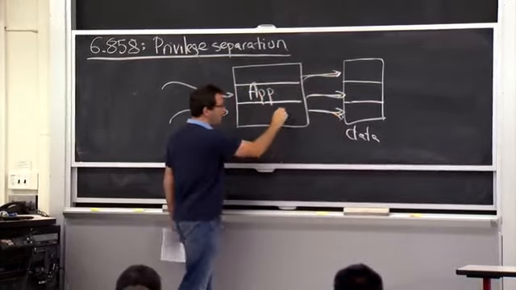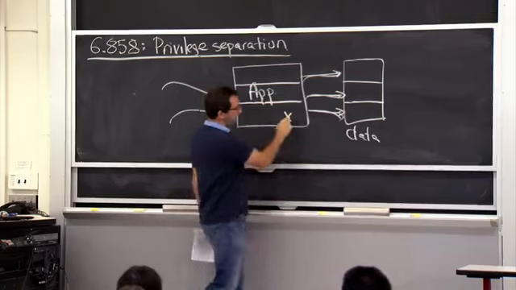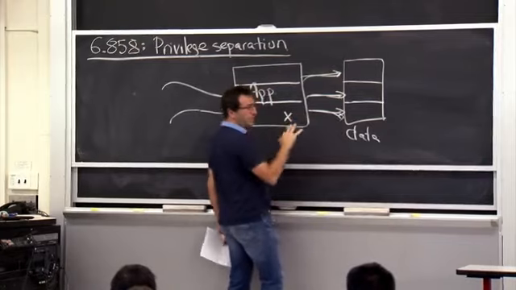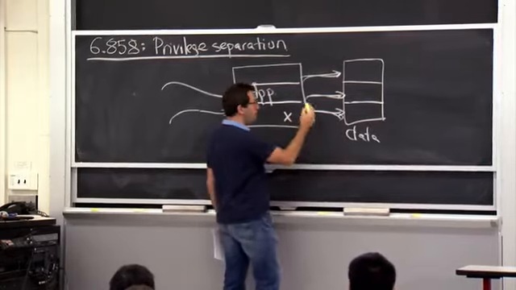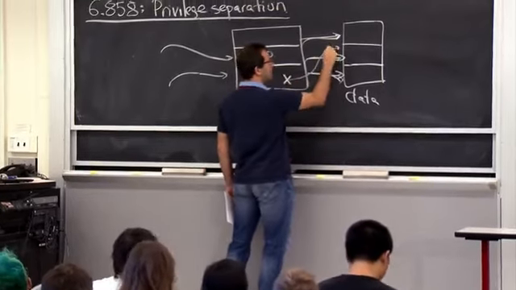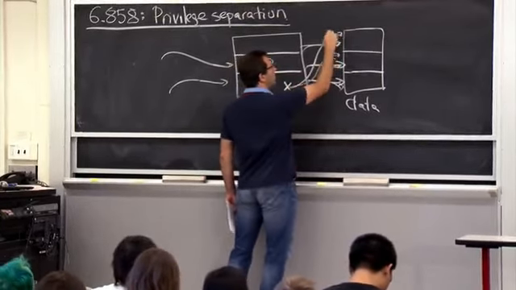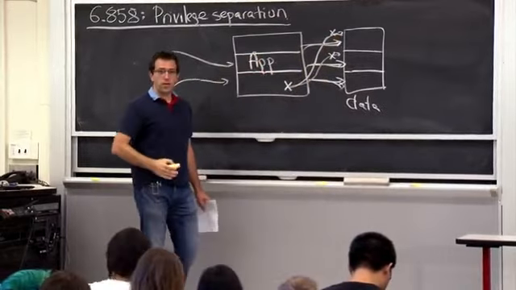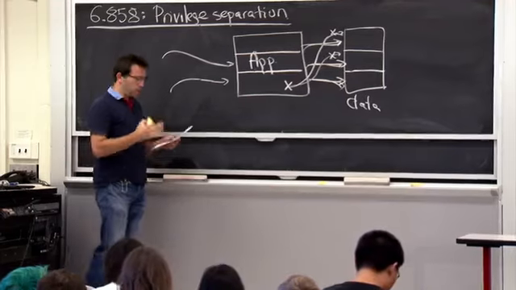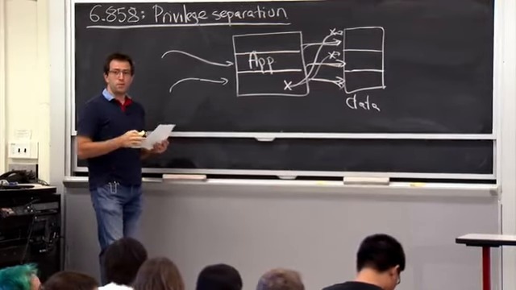So then if you find a bug here, then, well, maybe this data is compromised. But hopefully, whatever slicing you've done is going to enforce the separation so that a vulnerability here doesn't allow the attacker to go and access these other pieces of data, or more generally, other privileges that the application has access to. So this is the big idea behind privilege separation.